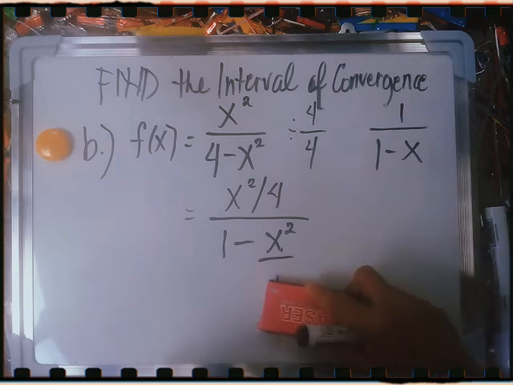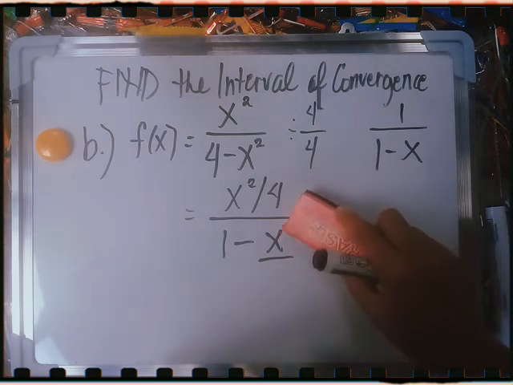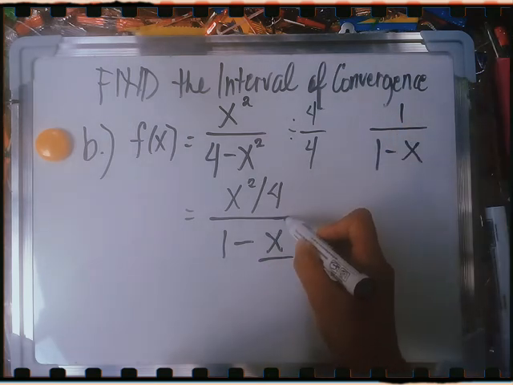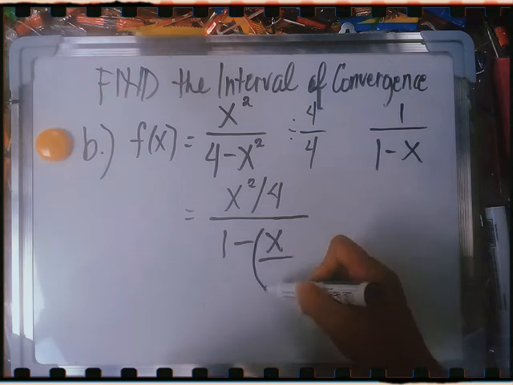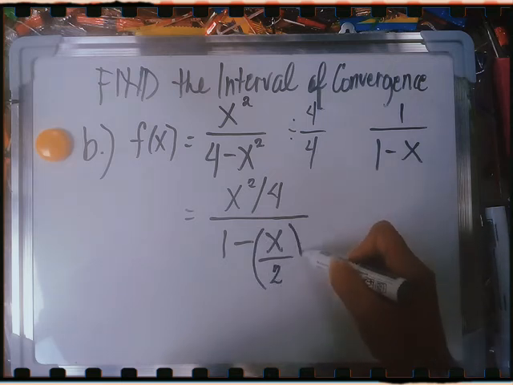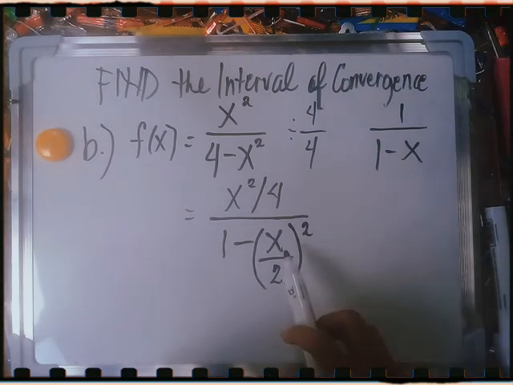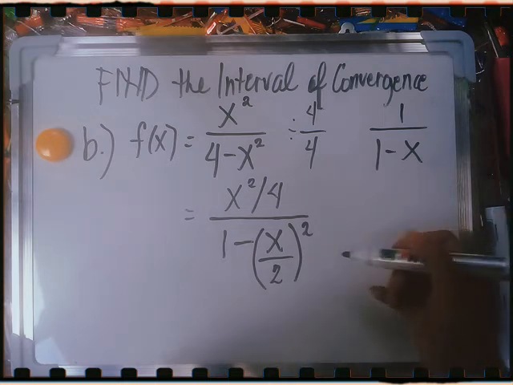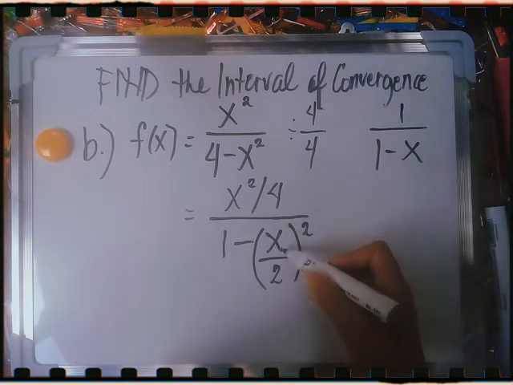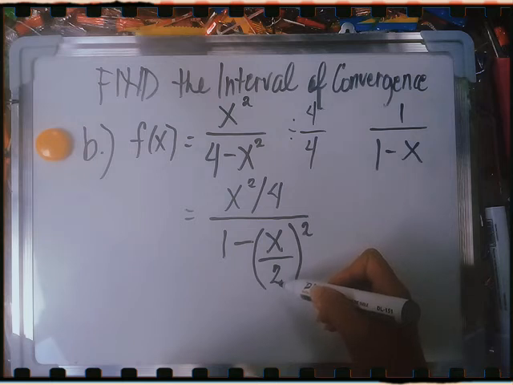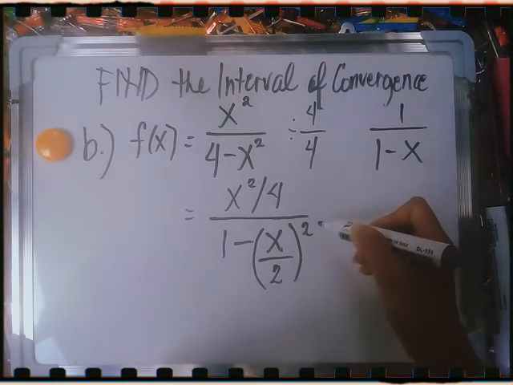So, we have the x over 2 raised to 2, since it will become x squared and then 2 times 2 raised to 2 is 4. So, similar value. Sinimplify lang natin. So, ang x natin dito ay x over 2 raised to 2.